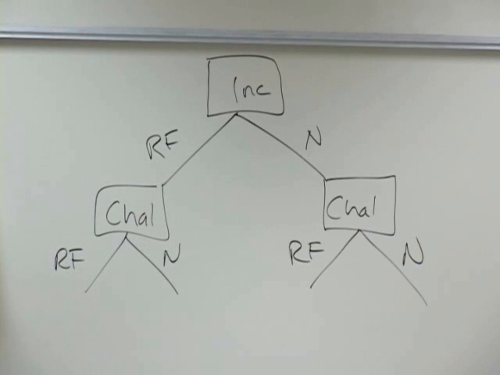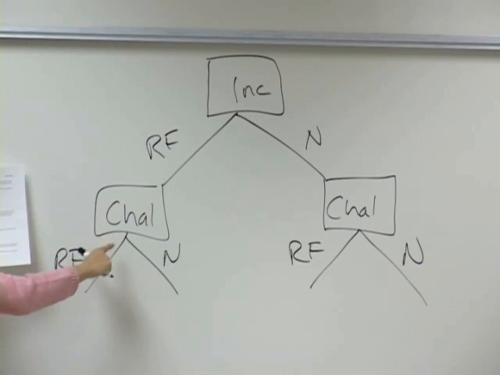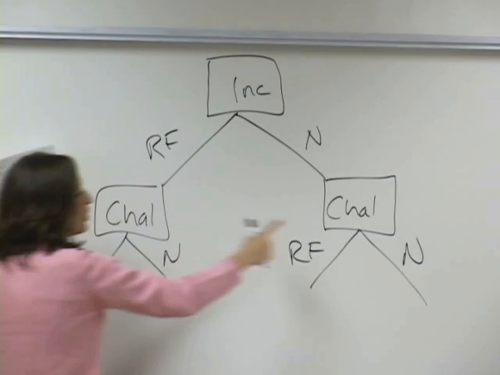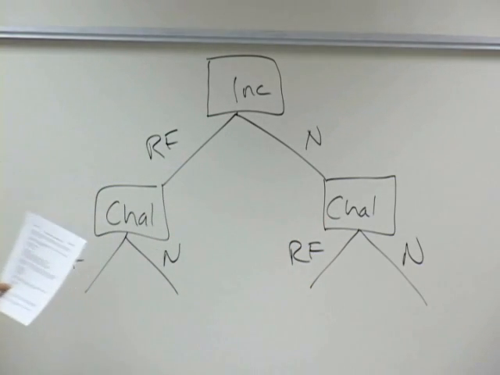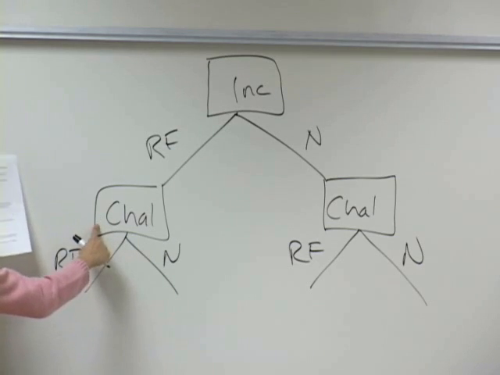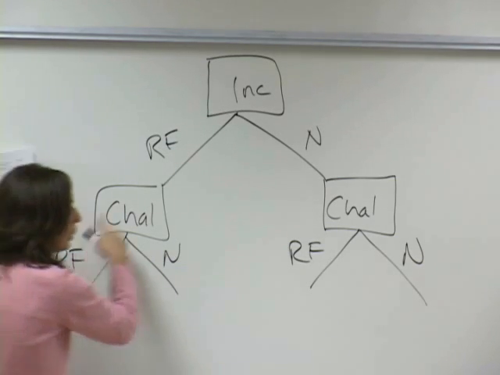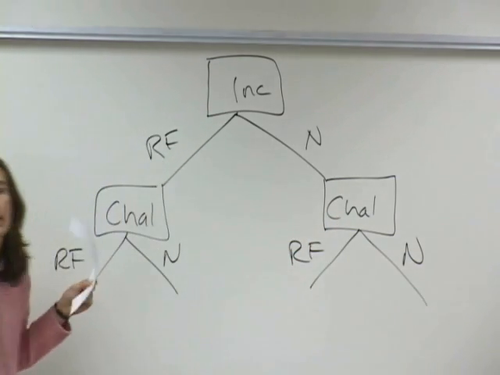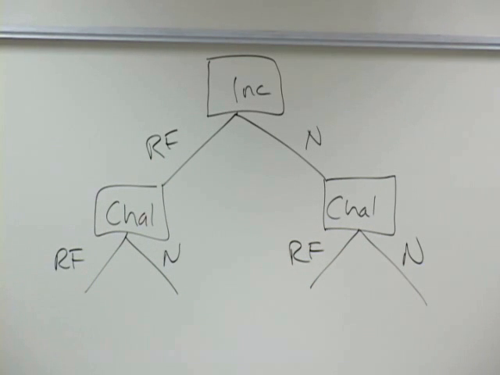The first strategy here is telling me that the challenger should raise funds at this node and raise funds at that node. The second strategy is telling me that the challenger should raise funds at the leftmost node, not raise funds at the next one. Okay? It's telling me exactly the same thing. Strategy 2 double prime here is exactly the same thing as 2 prime and 2.